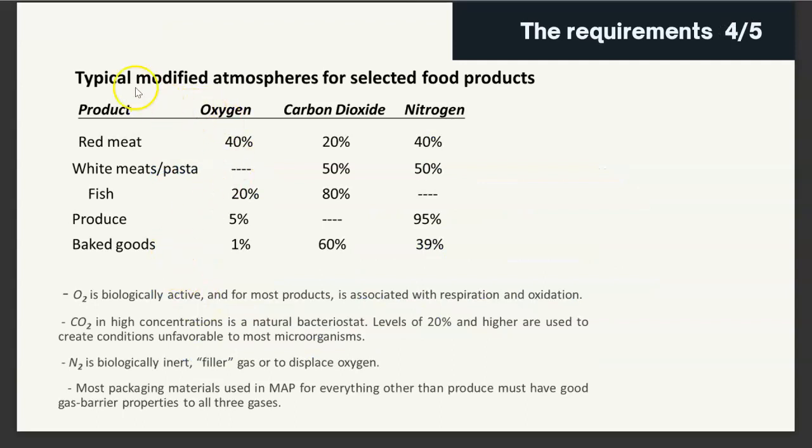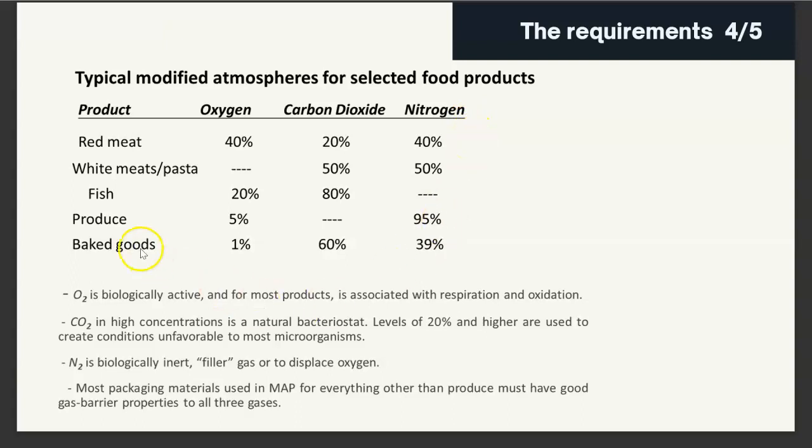And these are the typical atmospheres for selected food products. If you have red meat, this is what you should modify your conditions to: oxygen should be about 40%, carbon dioxide about 20%, and nitrogen about 40%.